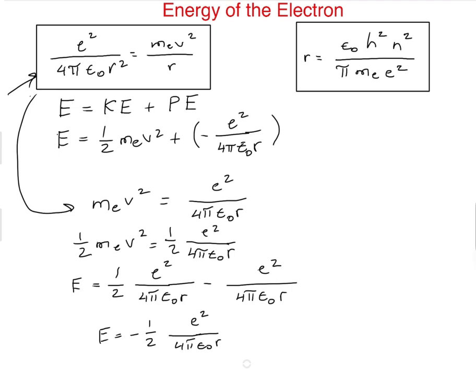So that's what we get. This result tells us the total energy is negative, so the electron is bound. The energy depends only on the radius, and the smaller the radius, the more tightly bound the electron is.